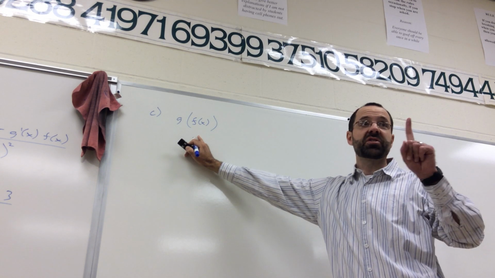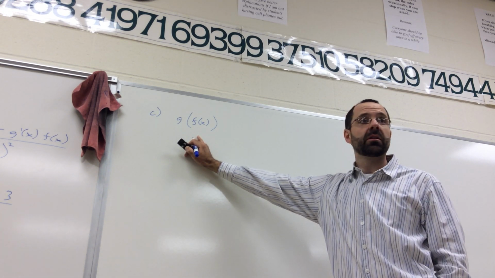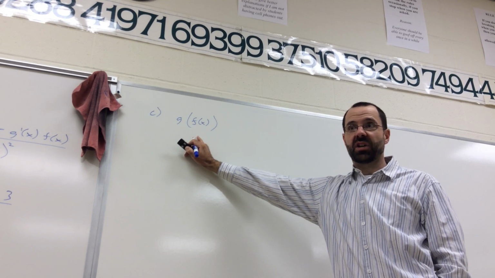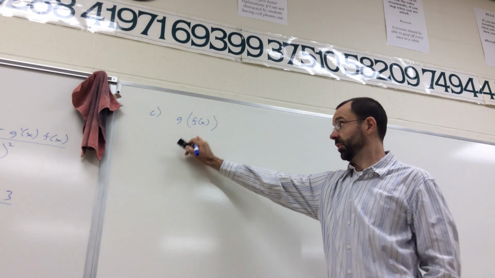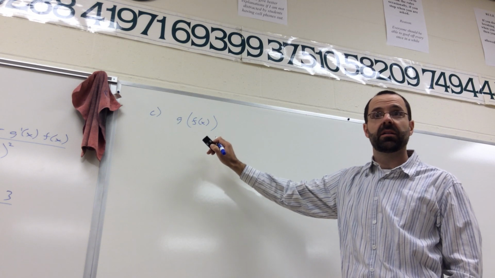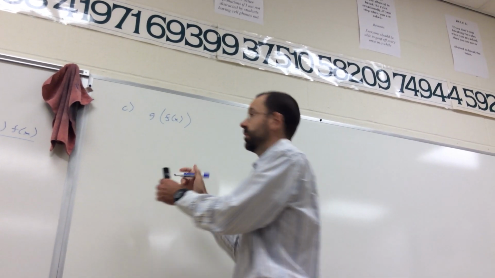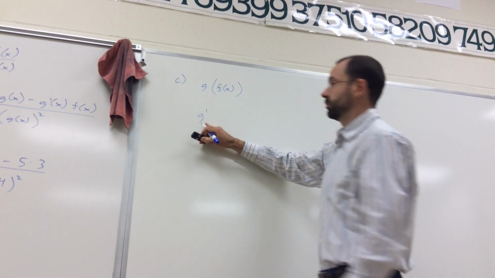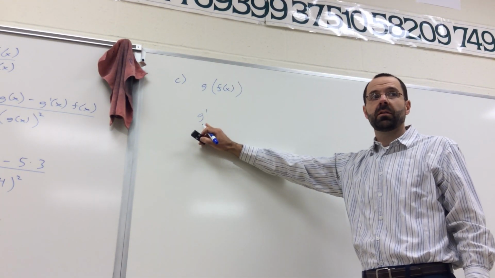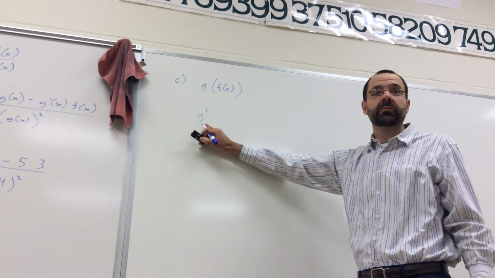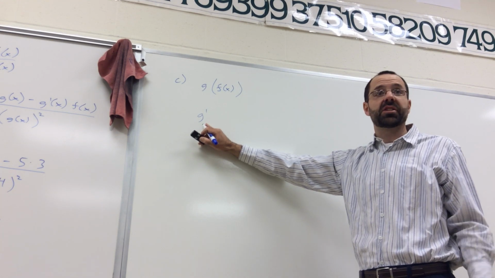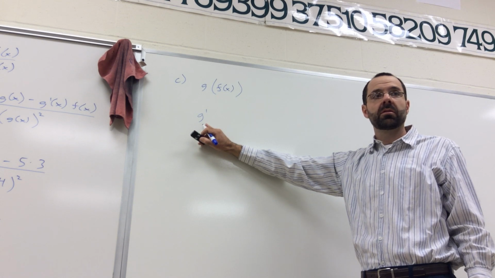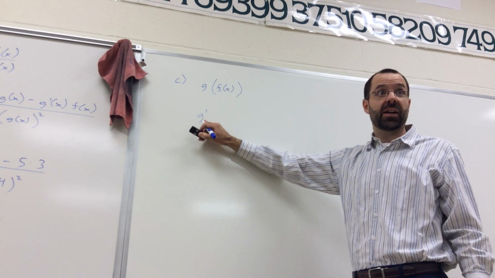Okay, so what's the first step for the chain rule? Derivative of the outside. So in this problem, g is the outside, so we take the derivative of that, and that's just called g prime. Then what's the second step? Plug something into that, right?